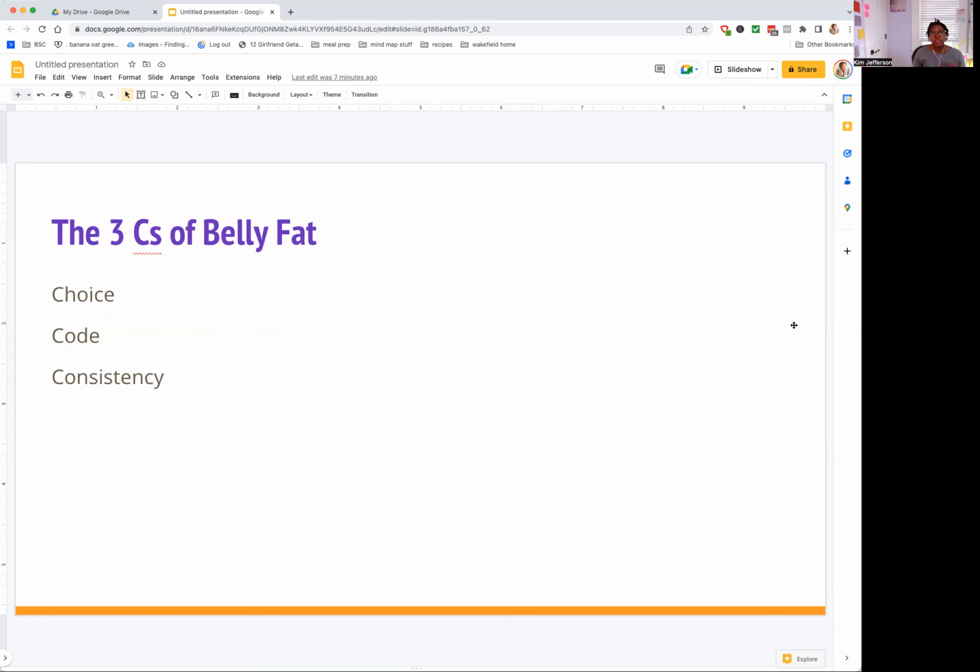All right, so here are the three C's of the belly fat code. We have choices, we have code, and we have consistency. Those are the three phases that we are going to move through. Every month, we are going to talk about these three areas, so we'll have a monthly focus. Underneath that monthly focus, we'll have weekly calls emphasizing a piece of the three C's.